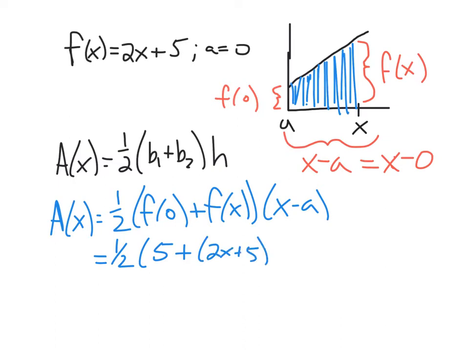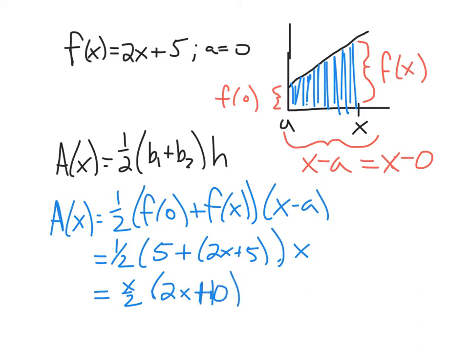That's going to depend on where we stop, and that's why this is just a function that's going to give us any area under this curve, or this straight line. And then x minus 0 is just x, and so then we have that. So when we simplify this down, we're going to have x over 2 times 2x plus 10.